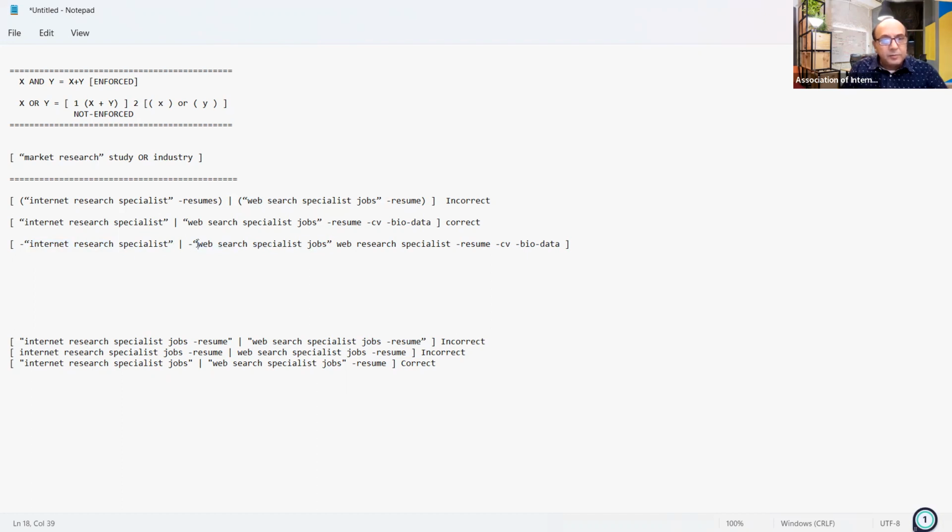So with the OR, I'm able to do it, but as long as I'm matching how the function is going to be executed, it needs to have minus on both sides to exclude either this or this. So if the term internet research specialist comes or web research specialist jobs comes, you don't want that. Either of those should not be prevalent.